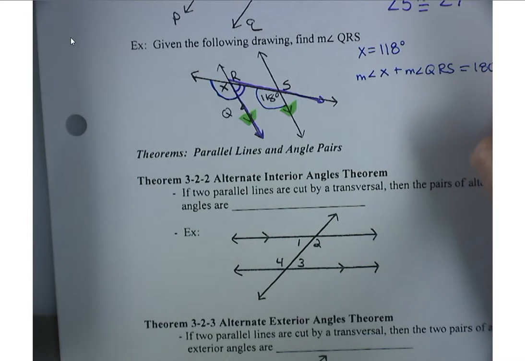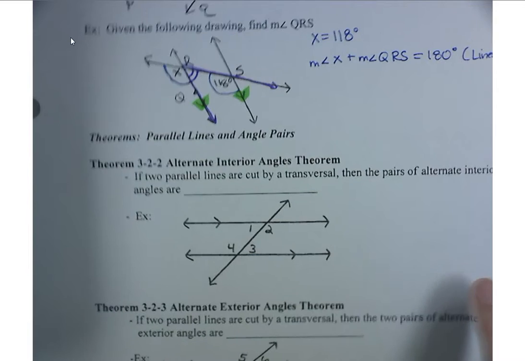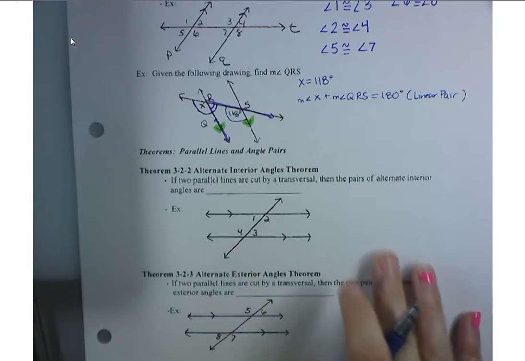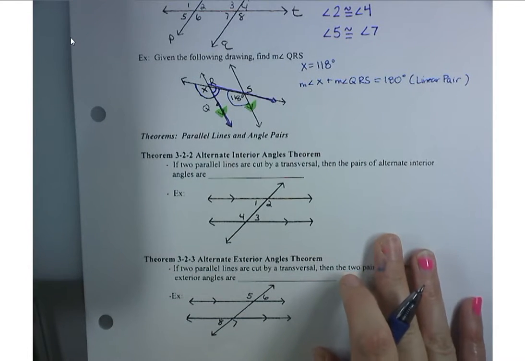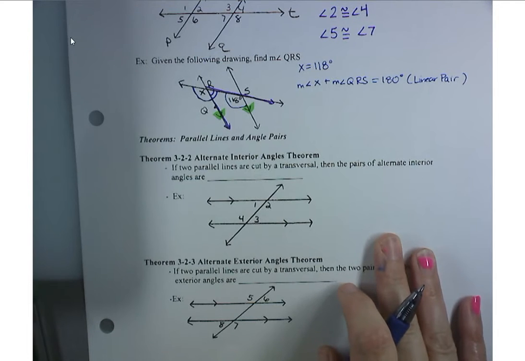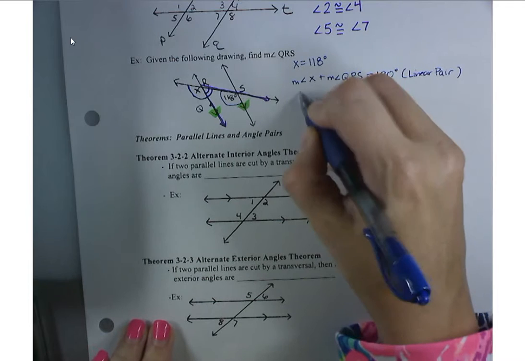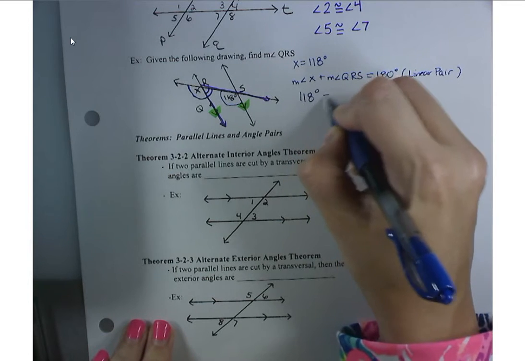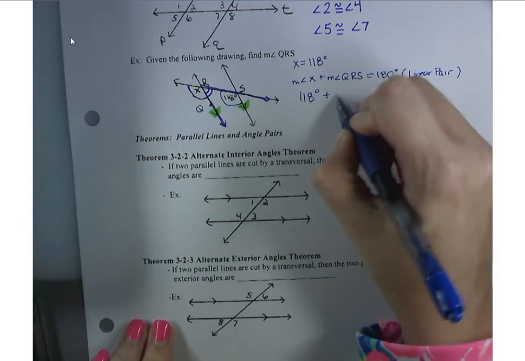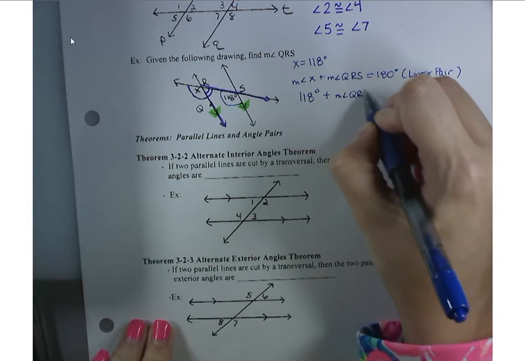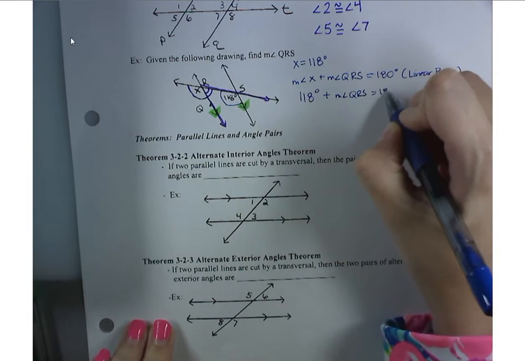And if we were writing that out as a proof, which we are going to have proofs with these, our reason that we know those are equal is that they're a linear pair. So then, yep, if we know the measure of X is 118 degrees, 118 plus the measure of QRS would equal 180.